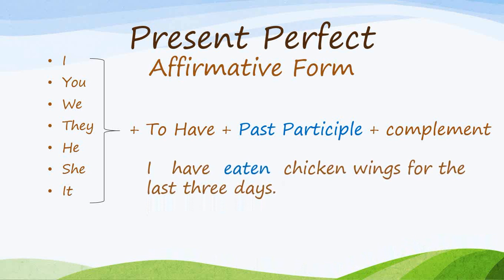As an example, we have I have eaten chicken wings for the last 3 days. As we can see, we're using the verb to have as the auxiliary verb, and the verb eaten, that is the past participle form of the verb eat.